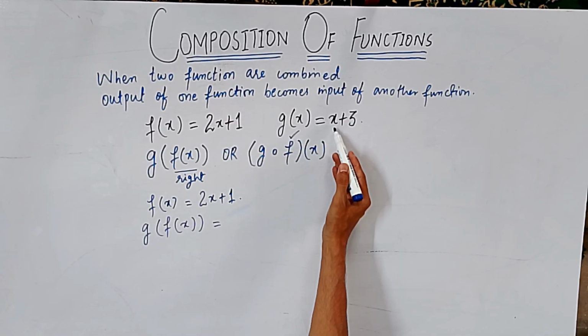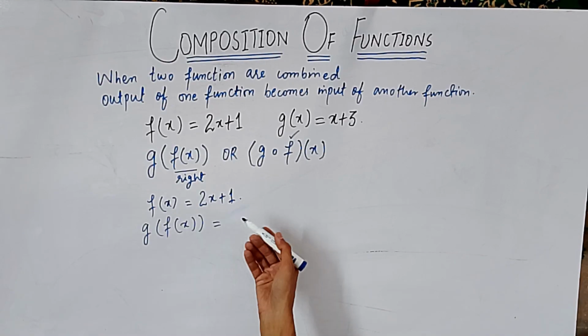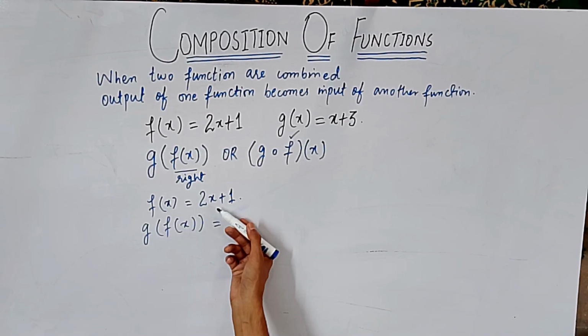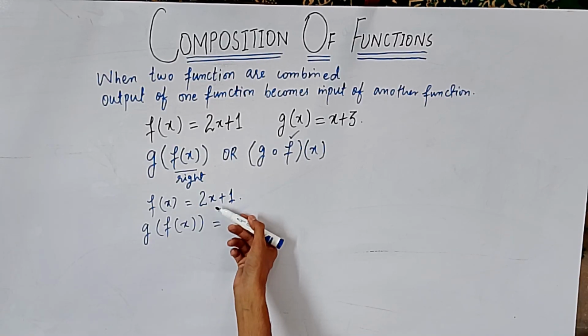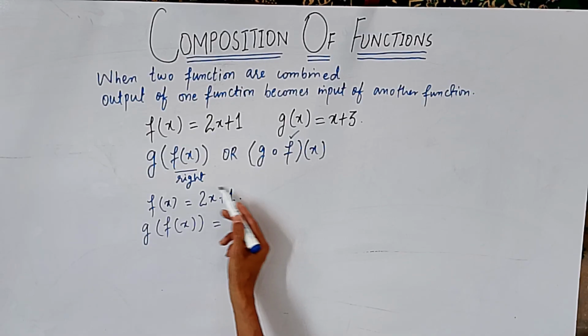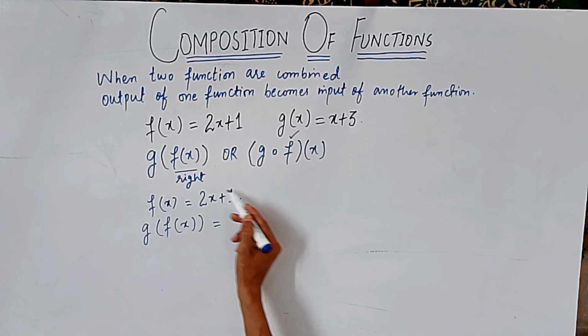In place of x, this is the input of this function now, and this is the output. Although no value is given over here, if the value of x or the input is given, you can easily calculate the output. So this is the output of the f of x.